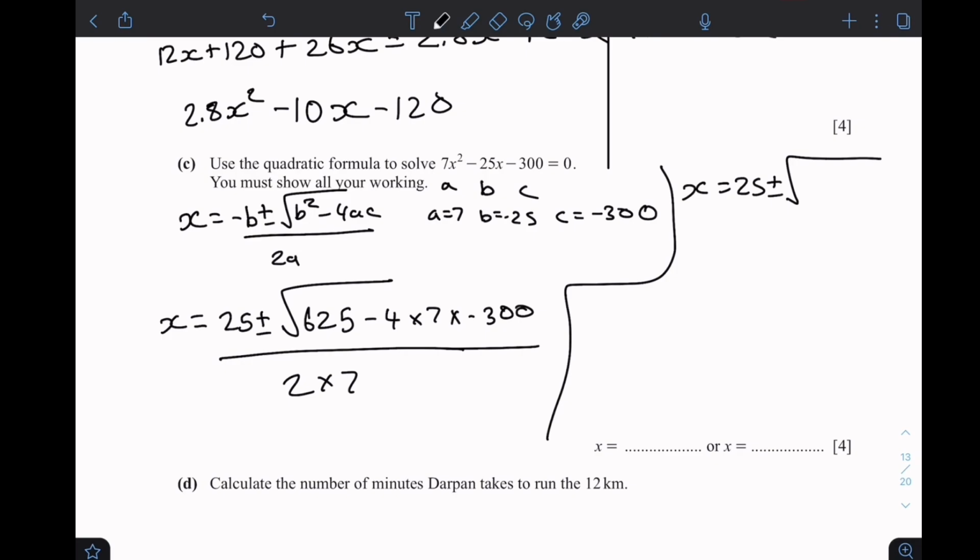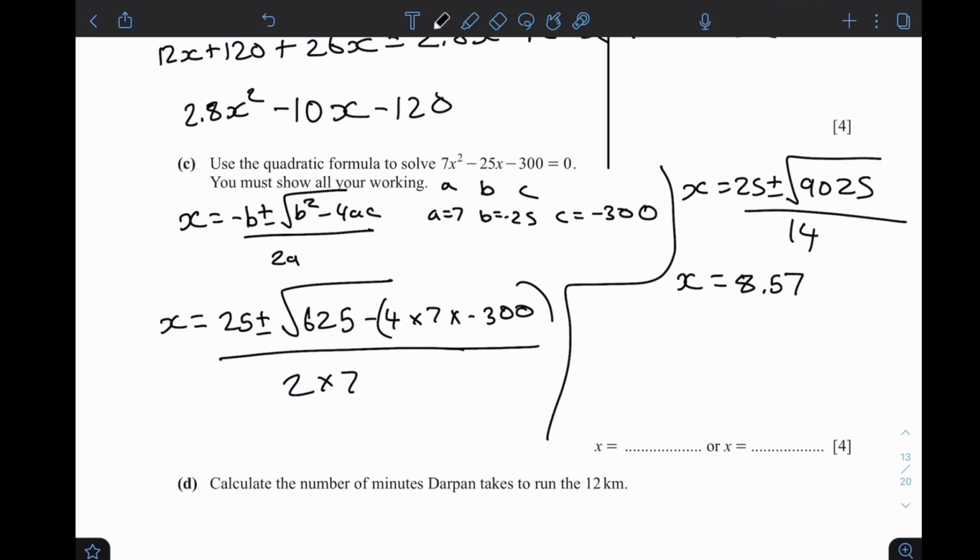is equal to positive 8400. So you add that to 625, which is 9025, and you divide this by 14. So x is equal to positive root of 9025, which is 95, plus 25 divided by 14, which is 8.57.